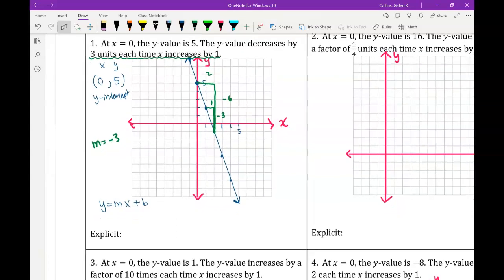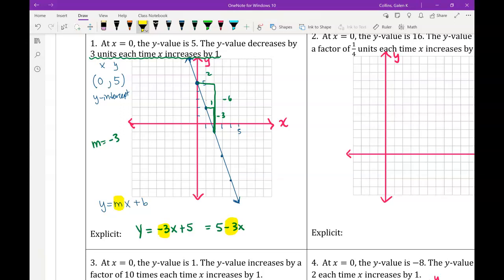All right, so writing my explicit equation, I could write this as y equals -3x plus 5. And that is the same as saying 5 minus 3x. Both forms of that equation are correct. You don't need to write both as long as our coefficient of x is -3.